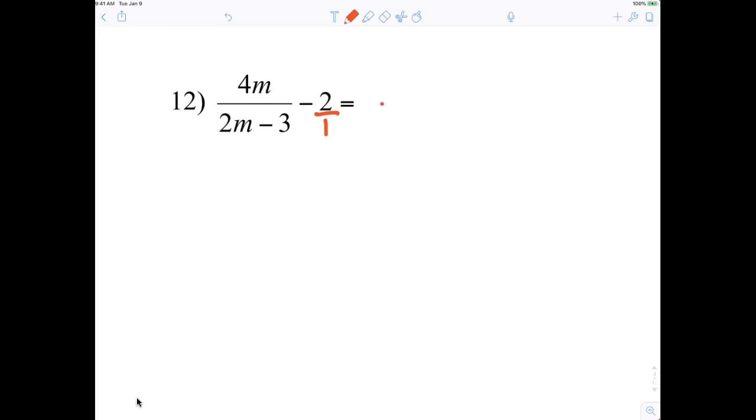So now we need the common denominator, which in this case is 2m minus 3. That's exactly correct. Which means, do I have to do anything to the first fraction? No, we just leave it. Then what do I multiply the second fraction by? 2. That is correct.